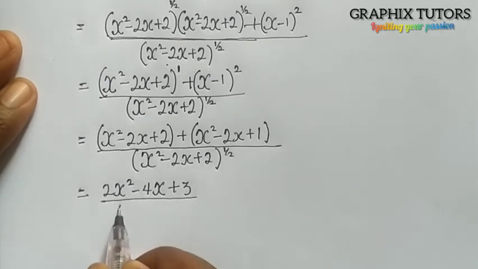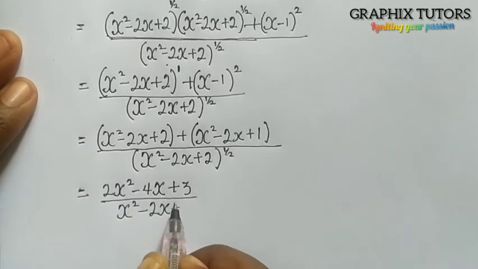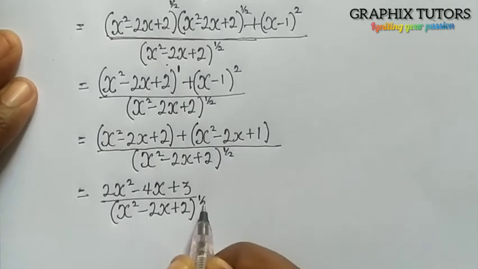Everything all over x squared minus 2x plus 2 raised to the power of 1 over 2. So this is our answer.